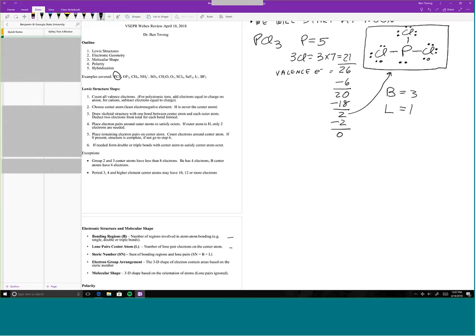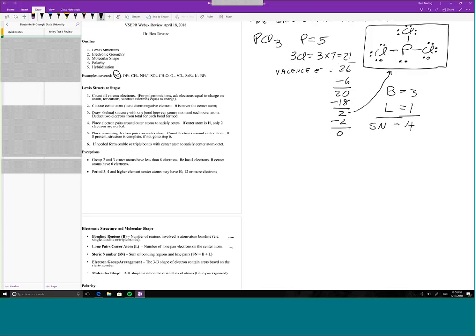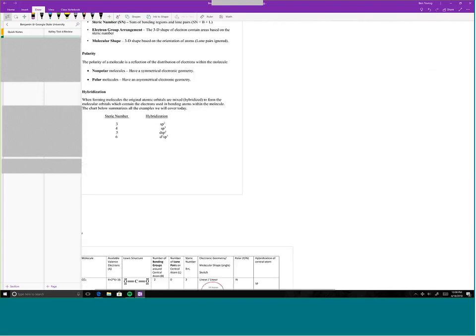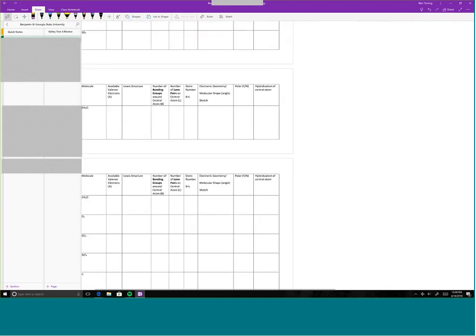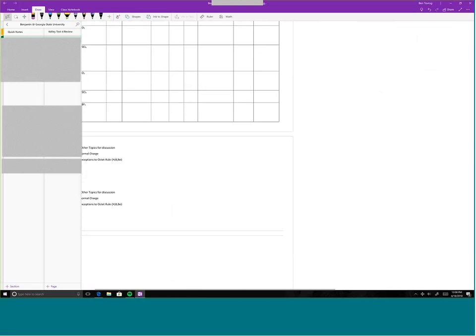And what we now have is the steric number. That is how many regions of electron density are there around the center atom. And it's going to be the sum of B plus L. So that is 4. Now we're going to get to the electronic group arrangement or electronic structure and molecular shape. And I'm going to flip down to a chart which we used once before in a WebEx, and I know I'm going to be going back and forth here.